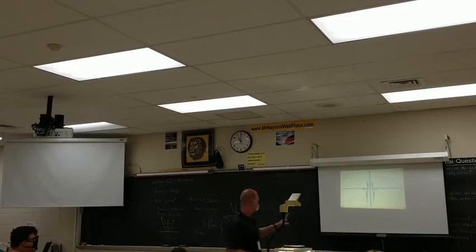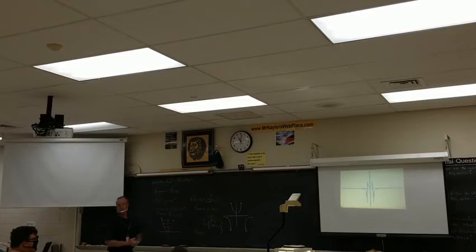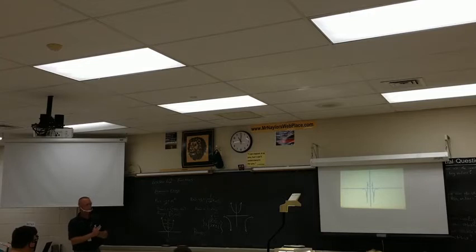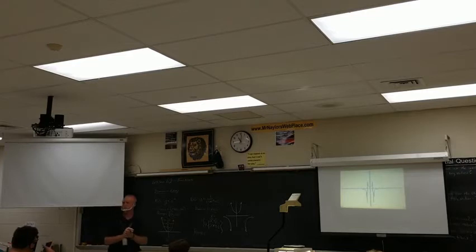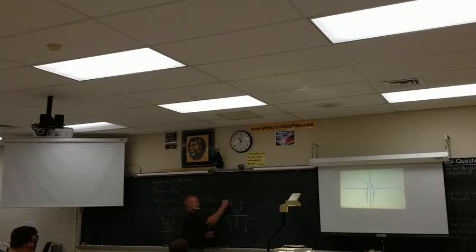I interpreted the graph, but there's some more going on here. There's a certain feature, a certain thing. You have to be careful how you say it. A vertical asymptote.